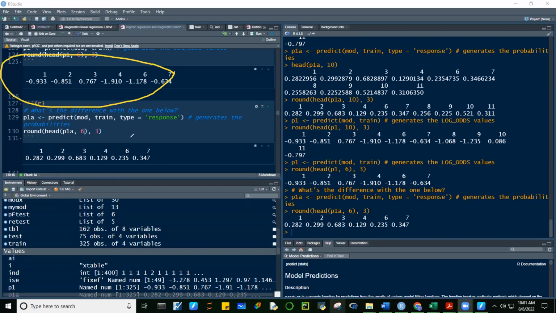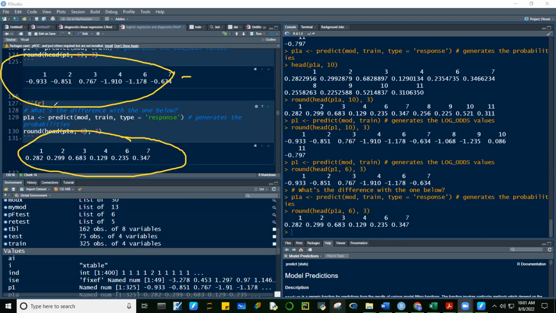This one and this one. What's the difference between them? This is expressed as, class, expressed as ano siya?